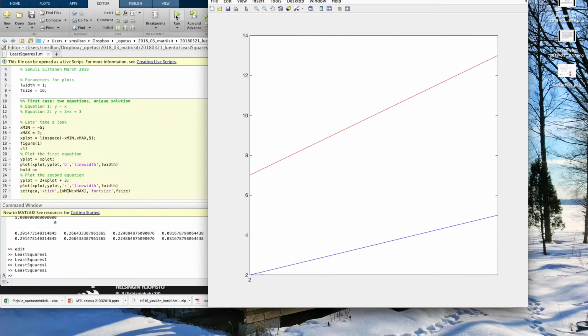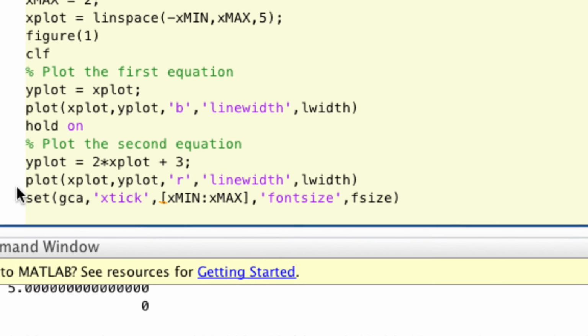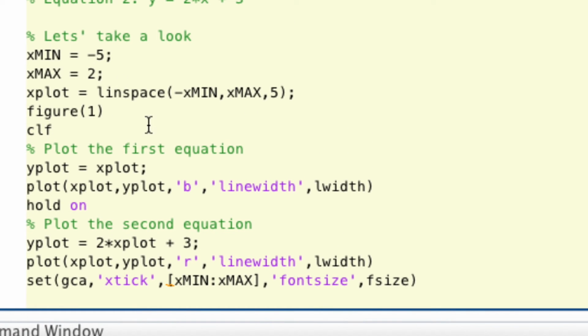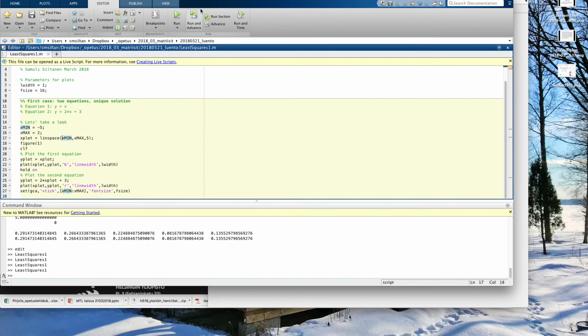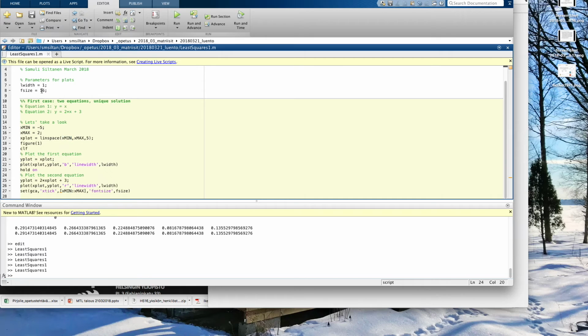You have an extra minus mark then. Where? Ah, true. No wonder it looked weird. So this is much better. Although probably you still cannot see these numbers, so let's put the font size up to 30.